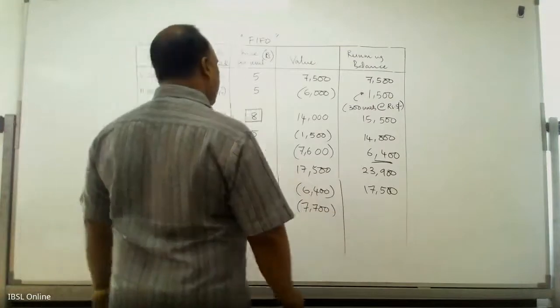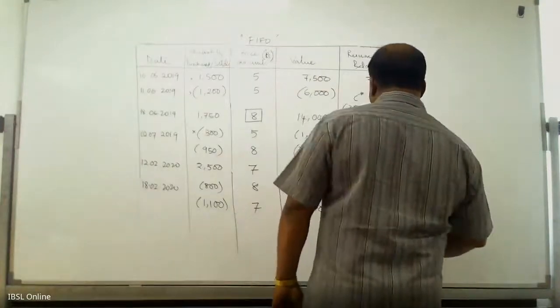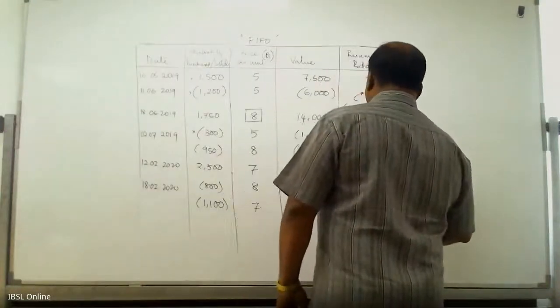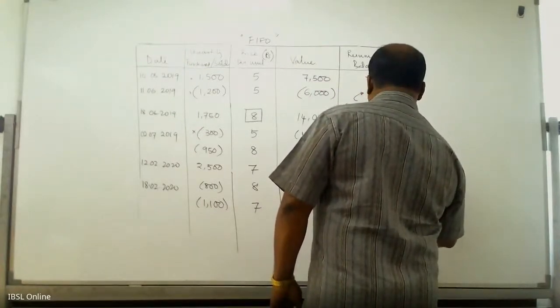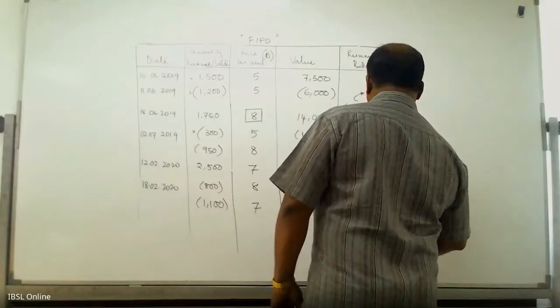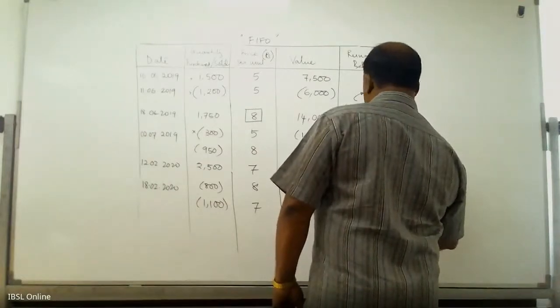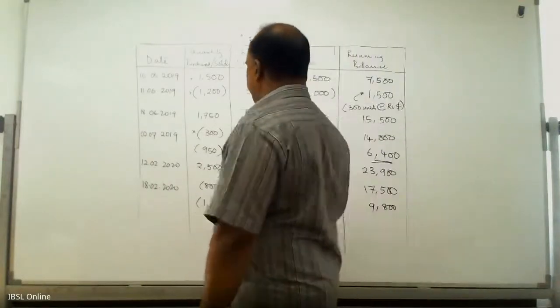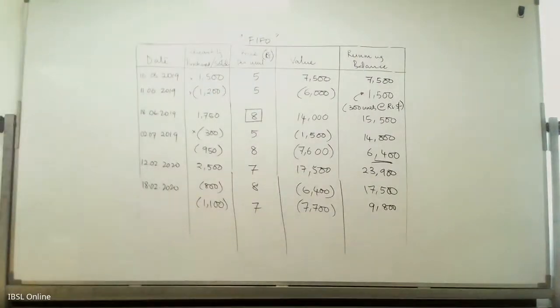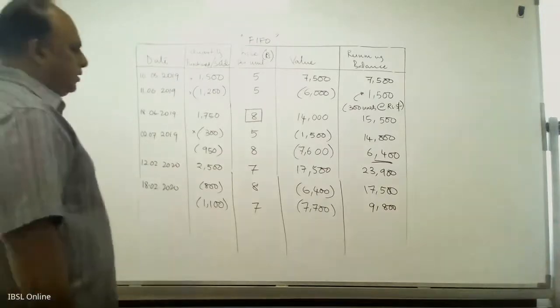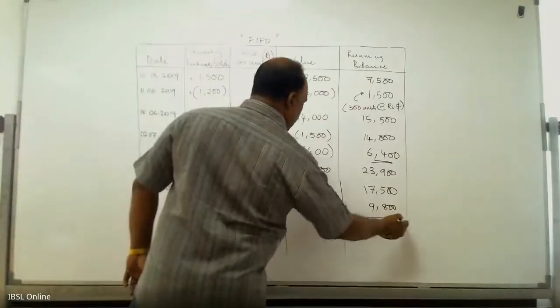And now I am required to deduct 17,500 minus 7,700, which means 9,800. So again the question is, what is this 9,800?